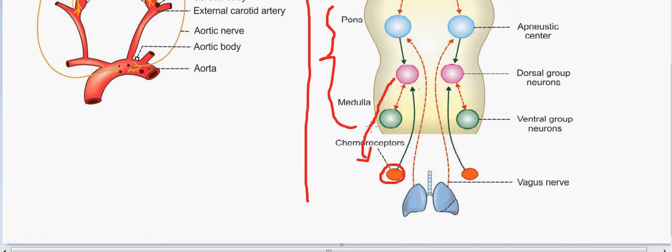The chemoreceptors lie in close contact with the blood and the CSF, that is the cerebrospinal fluid.